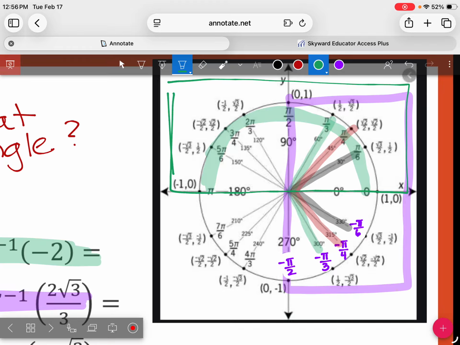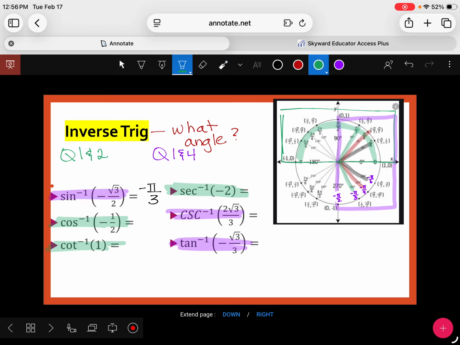So which one of those angles that you see highlighted in green has a cosine of -1/2? Go ahead, look at your unit circle. Find the angle that has a cosine of -1/2. So Aisha, which one would you pick?